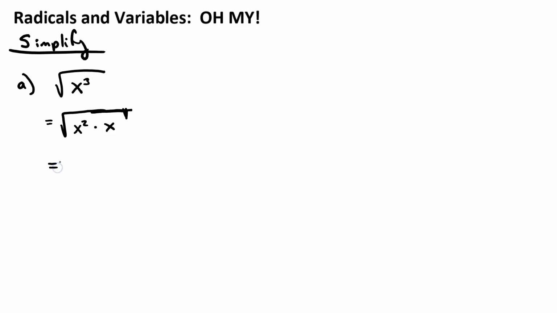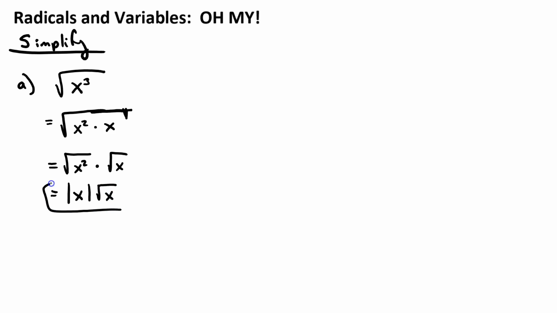Then I'm going to separate them out here: the square root of x squared times the square root of x. The square root of x squared is the absolute value of x, and there's nothing I can do with this one, so I just say root x.